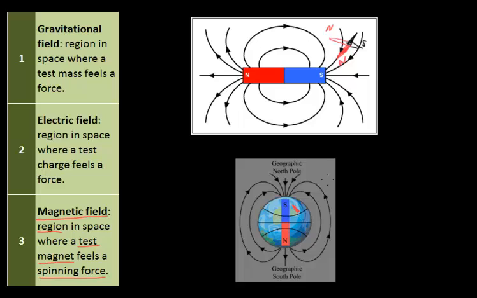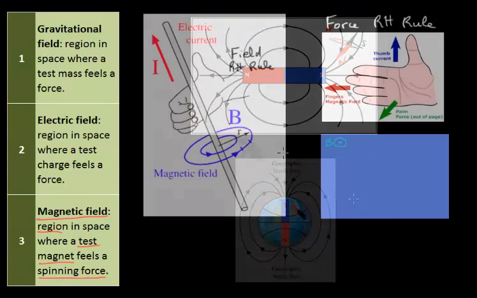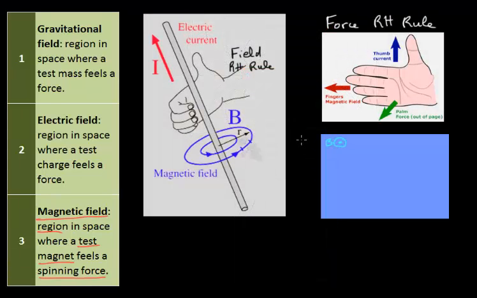It makes sense, right? So the north pole of the compass is pointing towards the geographic North Pole, meaning a south magnetic pole.